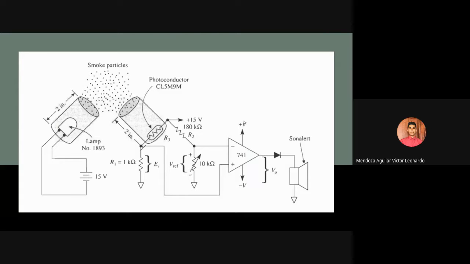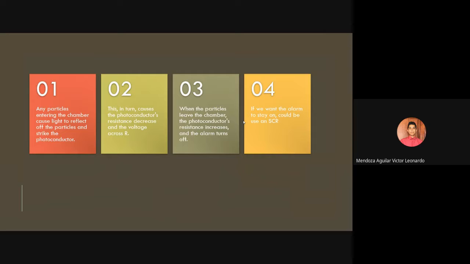Next is the 741 operational amplifier, and at the end there is a sonalert, and this is the schematic circuit. Next, please. Any particles entering the chamber cause light to reflect off the particles and strike the photoconductor.